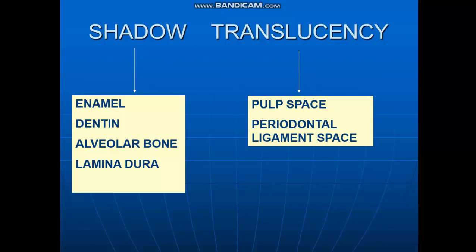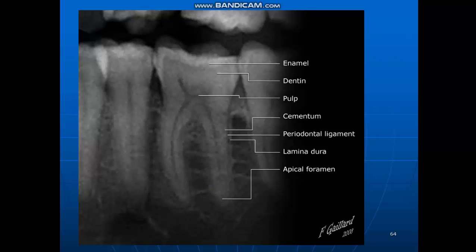And teeth appear on X-ray film also as shadow and translucence depending on the density of the structure. Enamel, dentin, alveolar bone, and lamina dura appear as shadow, radio-opaque areas, but pulp space and periodontal ligament space appear as translucence because they are soft tissue.